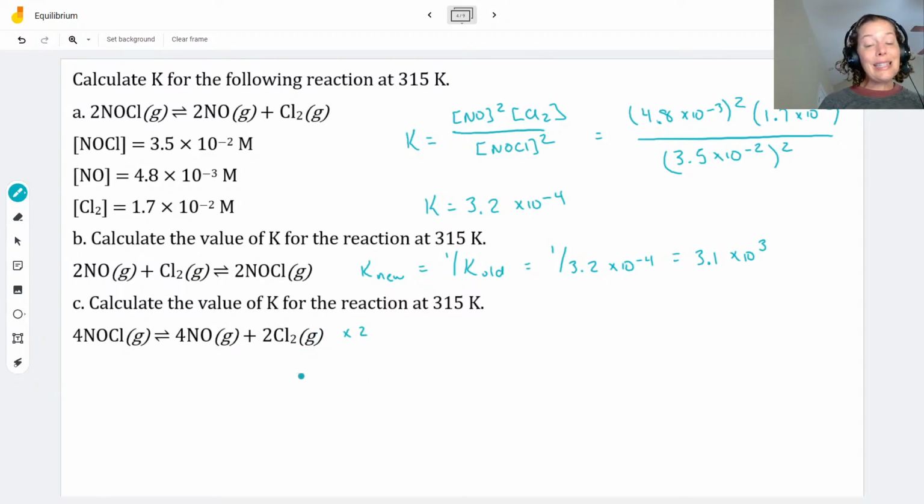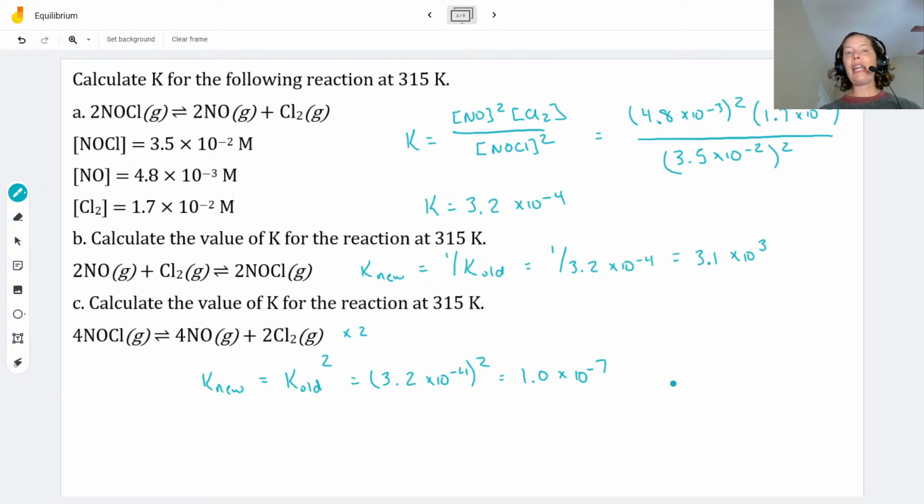So that means this time my K new is equal to my K old squared. So you just raise it to whatever power you've multiplied through by. So this is going to give me 3.2 times 10 to the negative 4 squared, which gives me 1.0 times 10 to the negative 7.